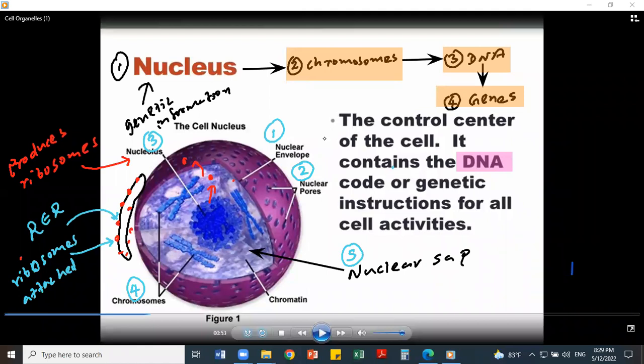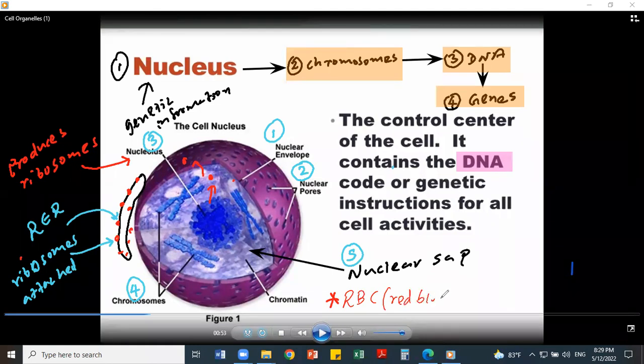Below this diagram you can write red blood cells. What is RBC? RBC means red blood cells, or we call them erythrocytes. Red blood cells, we call it RBC. Live but no nucleus.